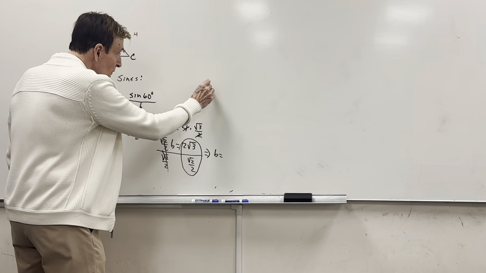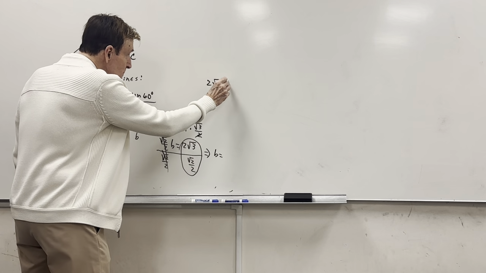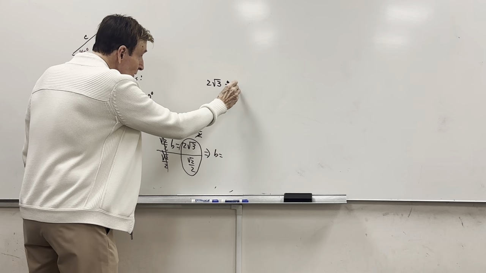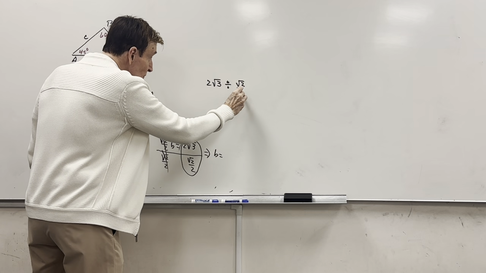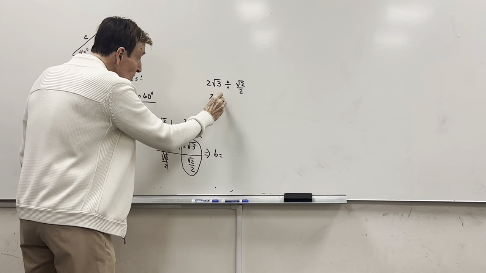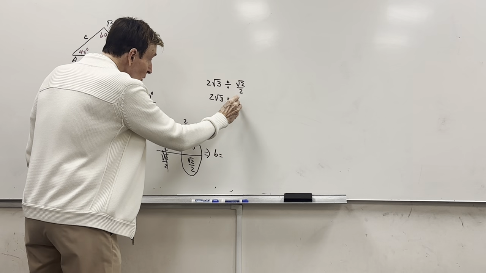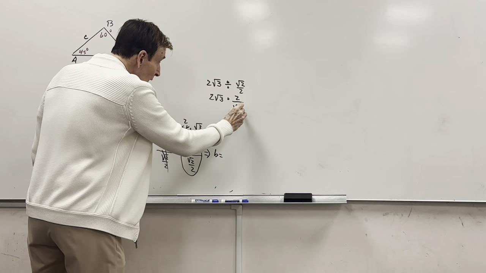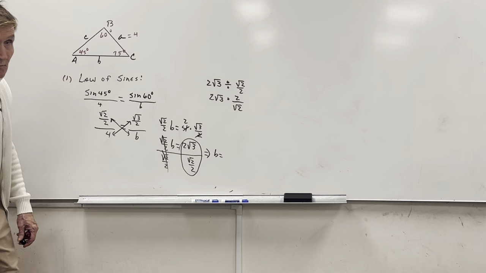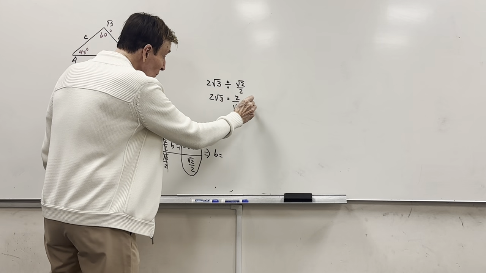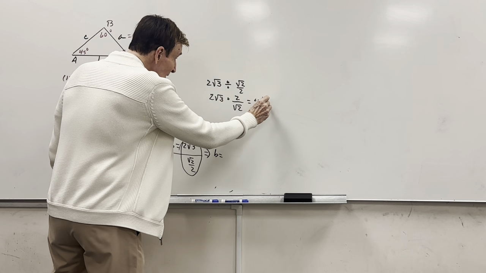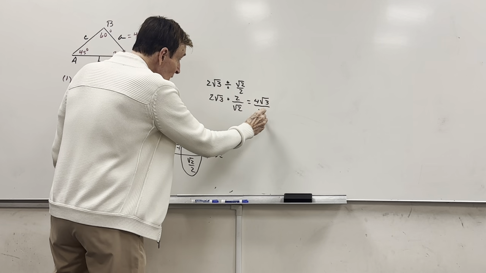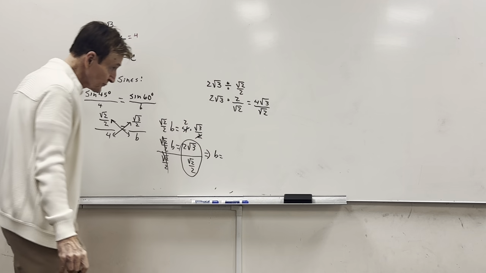This says 2 radical 3 is being divided by radical 2 over 2, which is what? 2 radical 3 times, flip this over. So we got 4 radical 3 over radical 2.